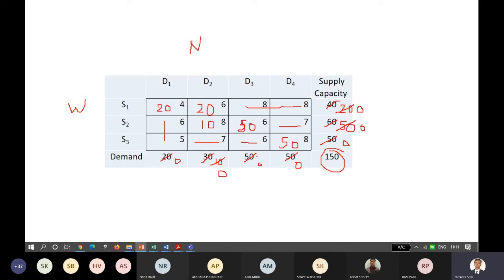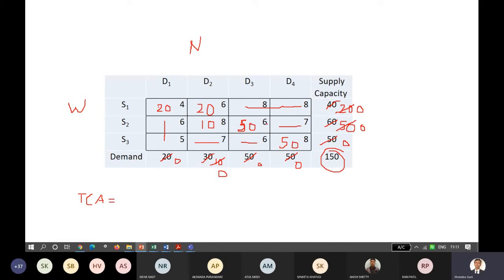And now what is my total cost of allocation? Total cost of allocation will be equal to 20 into 4, which is 80. 80 plus 20 into 6, 120. 80 plus 120 is 200. Correct? 200 plus 10 into 8, 80, makes 280.